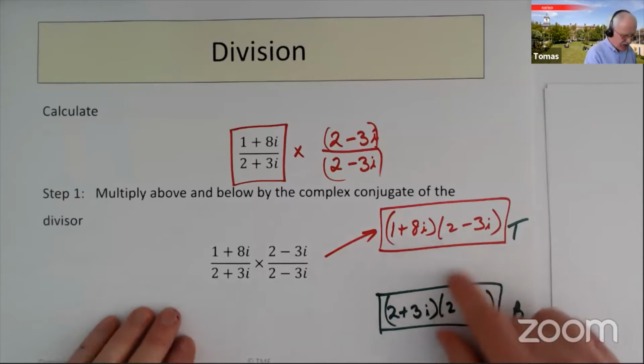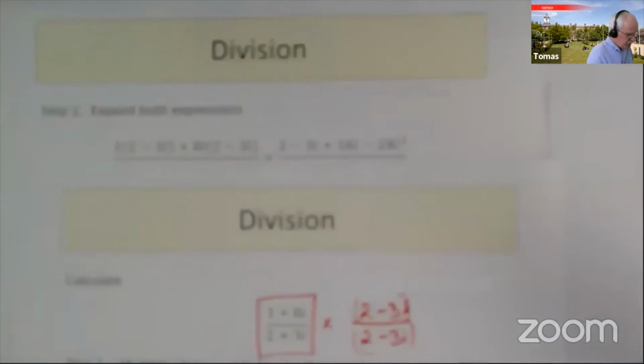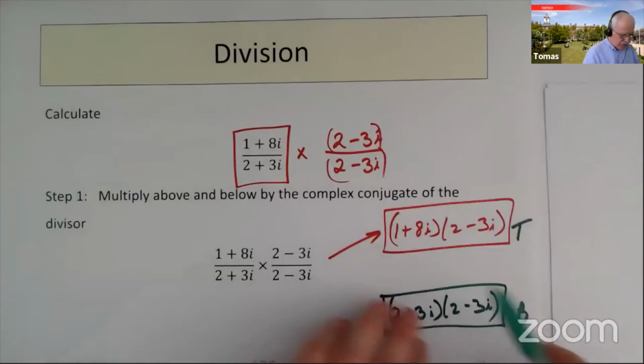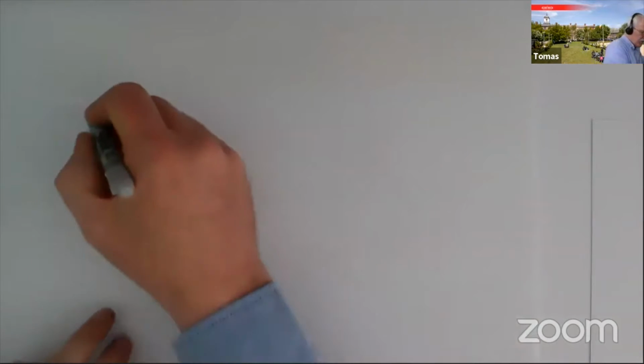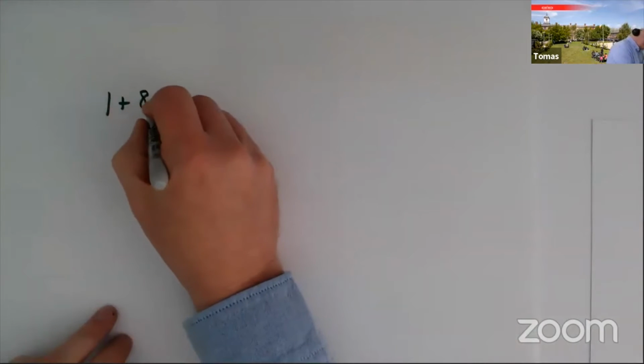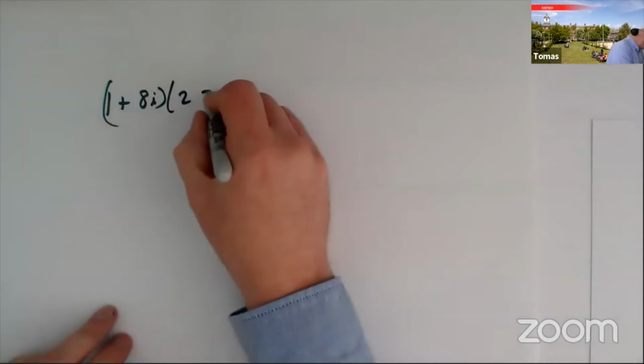Okay, let me give the top line a go. So basically what I want is 1 plus 8i into 2 minus 3i.